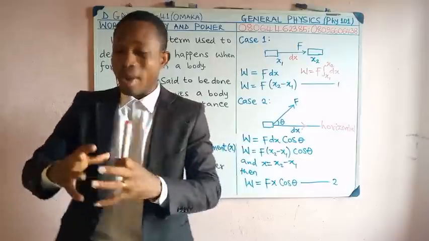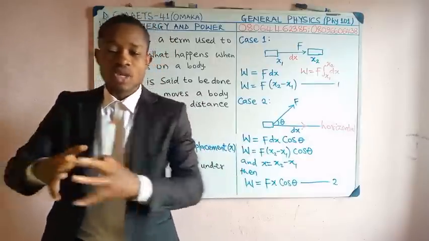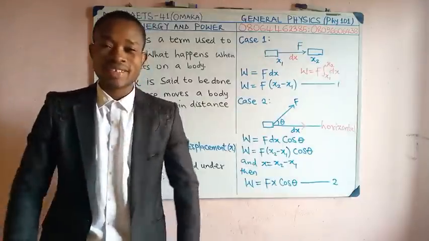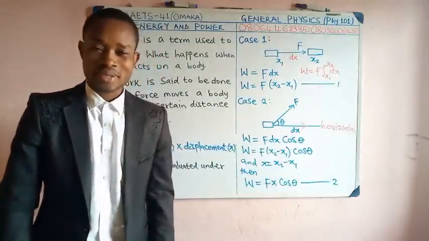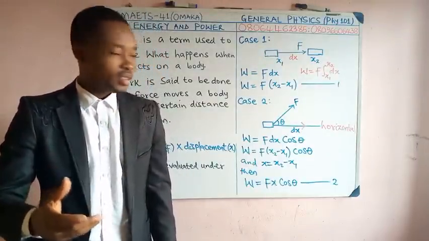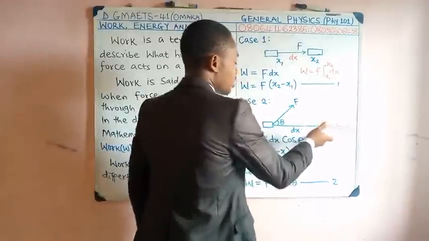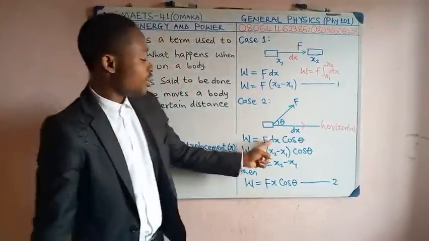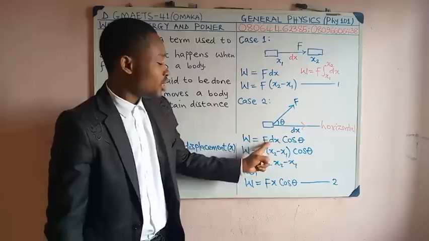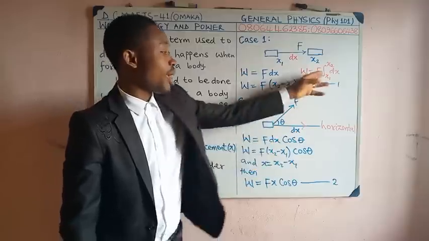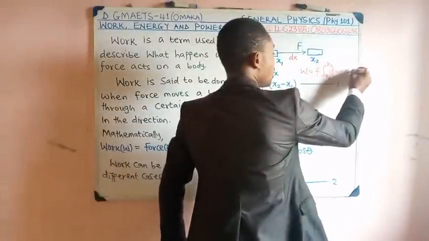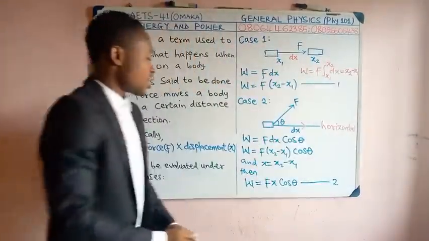The product of the magnitude of the force, the magnitude of the displacement, then cos the angle between the two vectors. I hope I'm communicating. So along this line, distance is being covered, the force is inclined as an angle to the horizontal. Now, if we integrate this part, you know that integral dx from x1 to x2, like I explained, is going to give us, let me finally indicate that x2 minus x1. Is that okay?